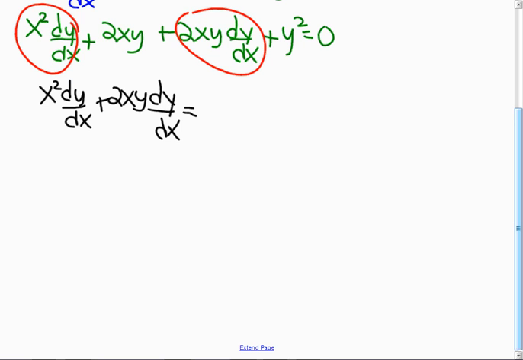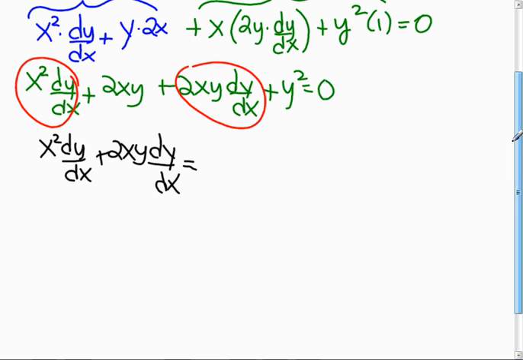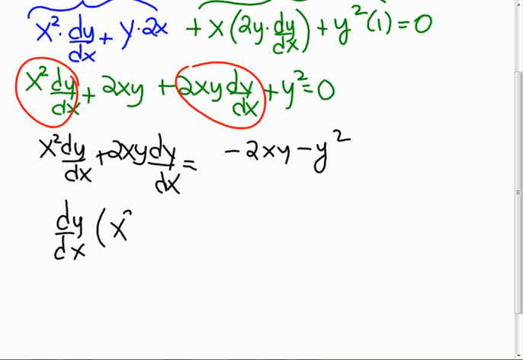So you need to practice. So it's minus 2xy minus y squared. Factor out dy dx, right? X squared plus 2xy equals minus 2xy minus y squared.